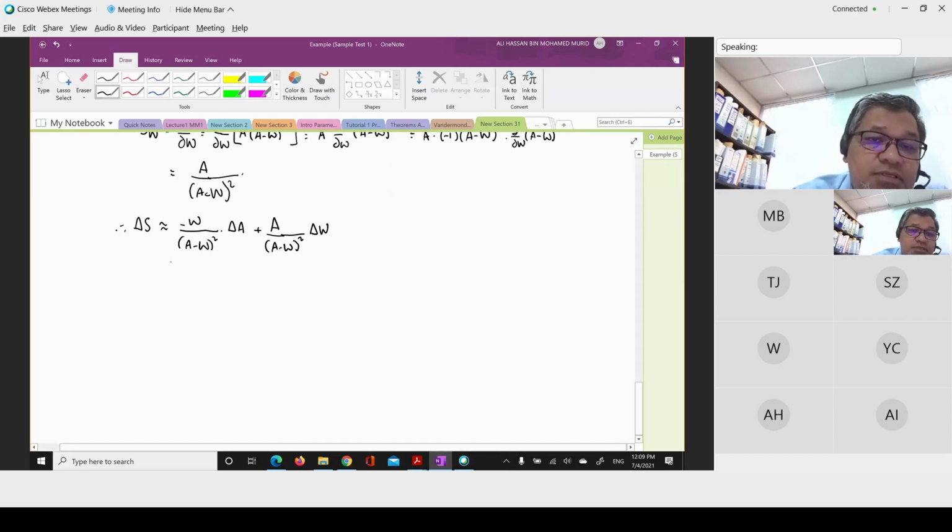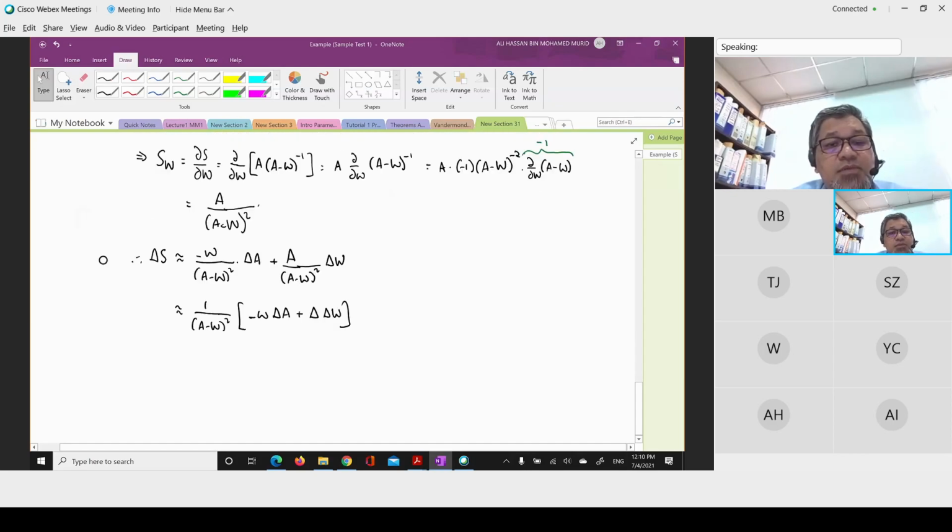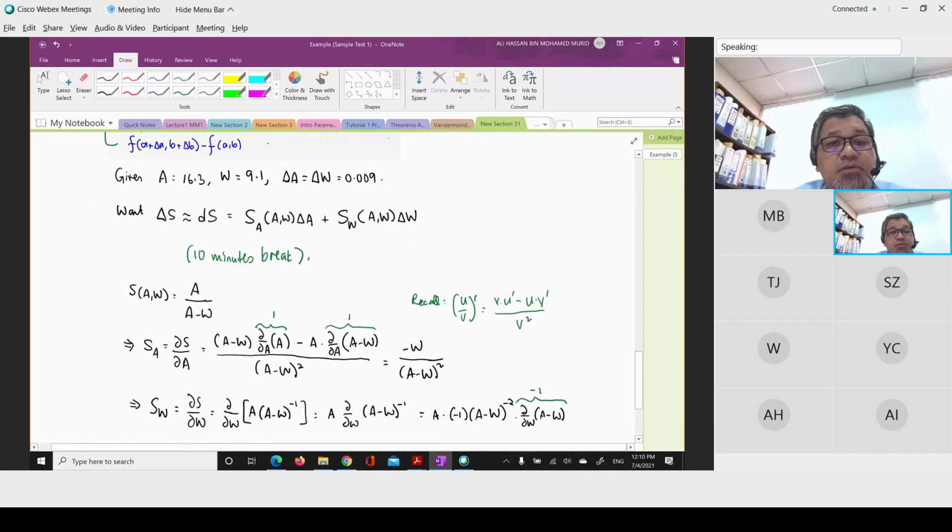So this simplifies. Before substituting, let me factorize 1 over a minus w squared. So this is minus w times delta a plus a times delta w, right? But delta a and delta w are equal, according to the question.